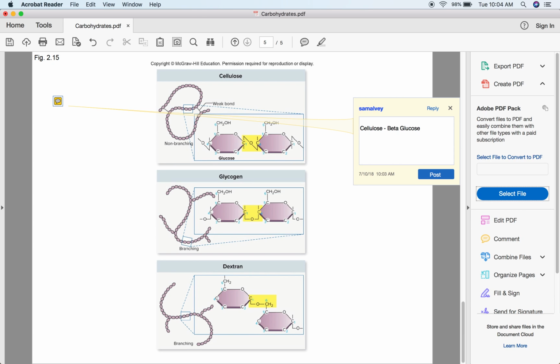Okay, so glycogen is the form that we store glucose in our muscle cells, and it is made up of alpha glucose. Okay, so here, right, the carbon 1, the hydroxyl group was down, and therefore we get a different orientation of the bond.